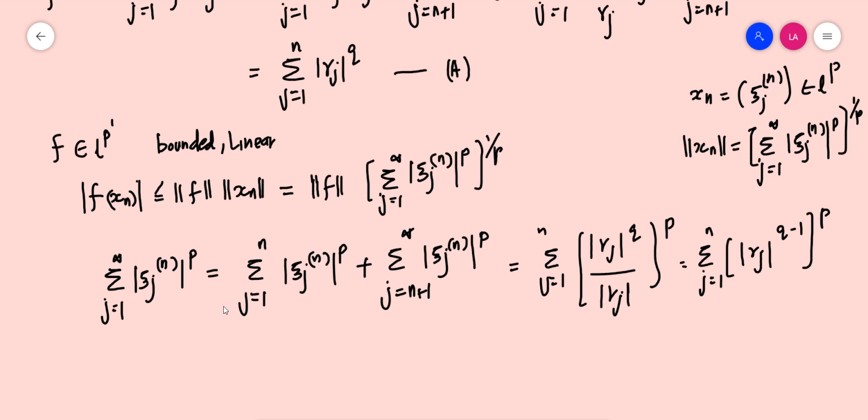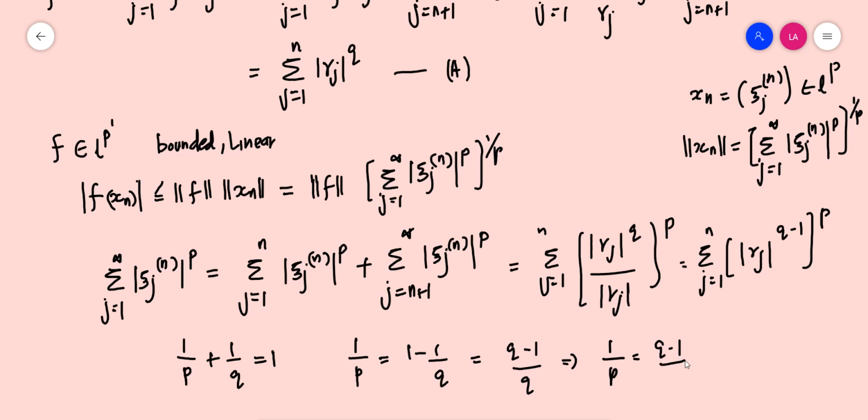Now, since q is the conjugate, we have the result that 1 by p plus 1 by q is actually 1. So 1 by p is equal to 1 minus 1 by q, which is q minus 1 by q. If you move the q onto the left hand side and p onto the right hand side, q is equal to p times q minus 1.